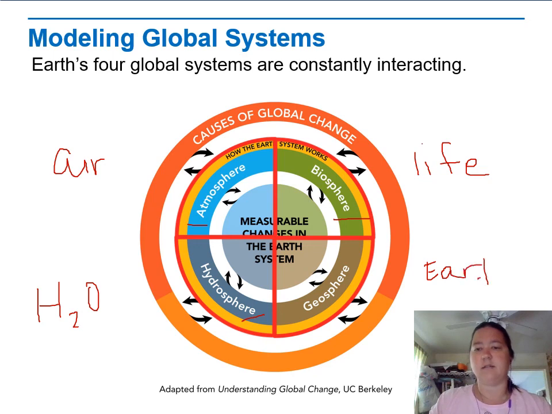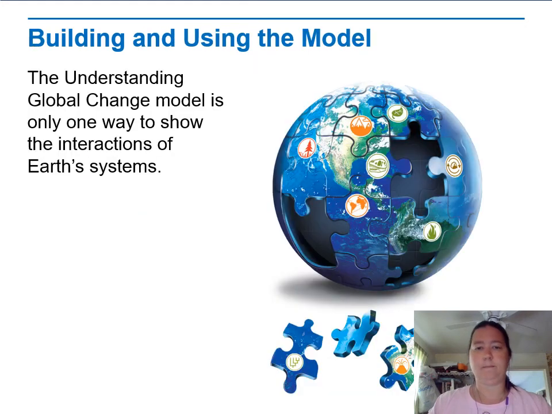So rocks, soil, volcanoes, that's all part of the geosphere. Putting all of these systems together and looking at how they interact is how we actually understand more and more about the earth, about the global systems, about global climate change, and all of those things. What we're going to be looking at for a big portion of the beginning of the year is these 4 systems and their interactions with each other.